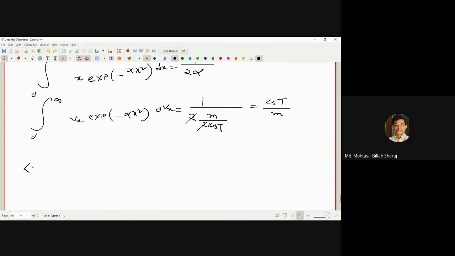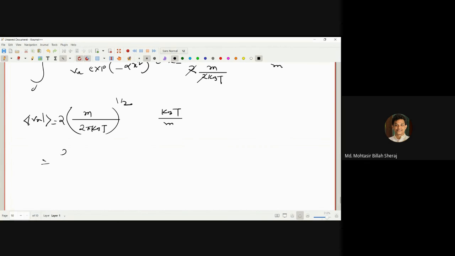Now we can easily write the expectation of vx equals 2 pi into m by 2 pi kbt whole to the power half times kbt by m. Now 2 to the power half, pi to the power half, kbt to the power half, and kbt by m.